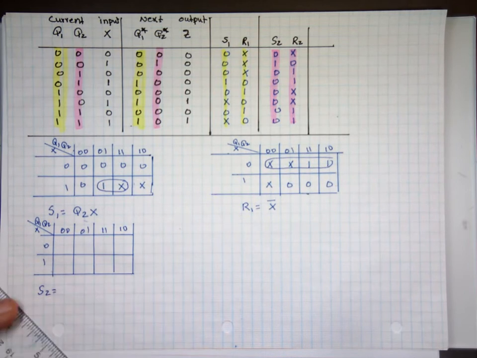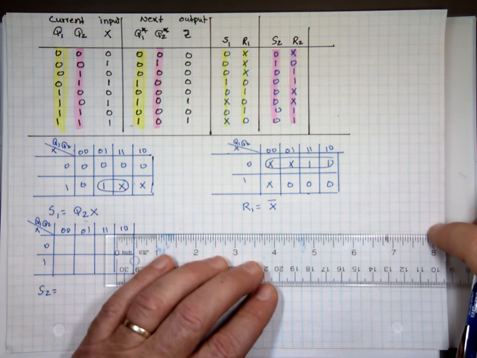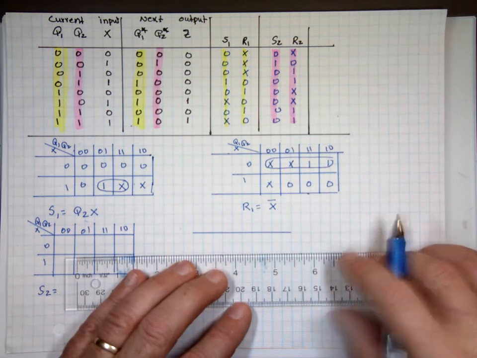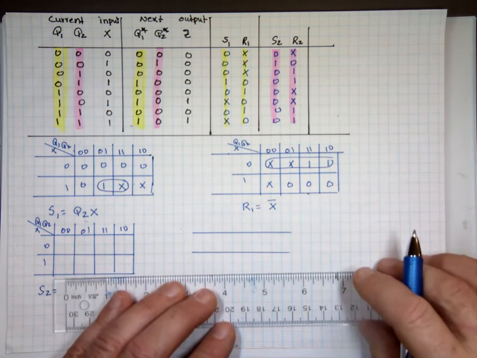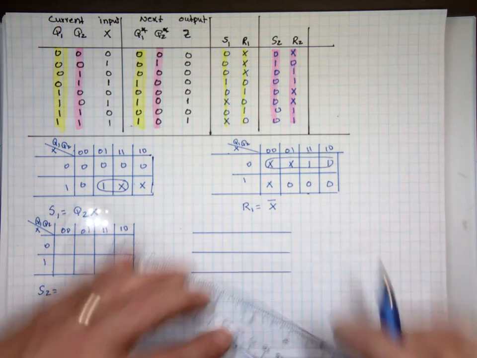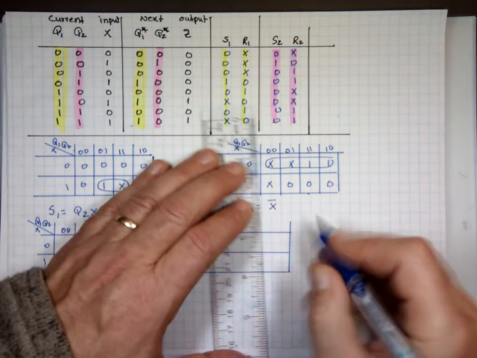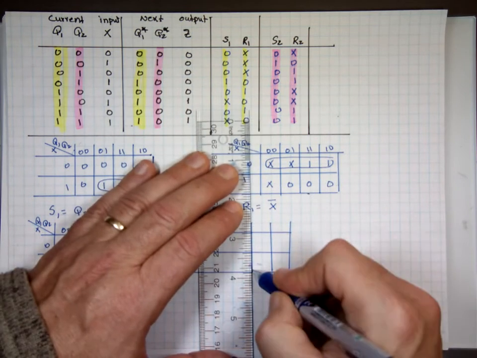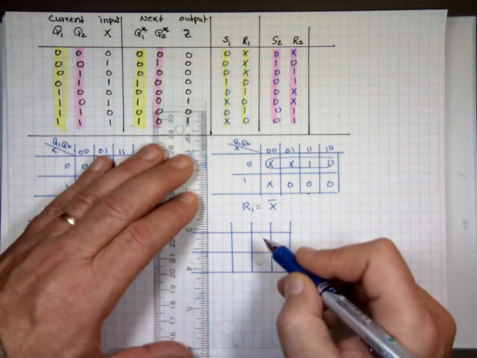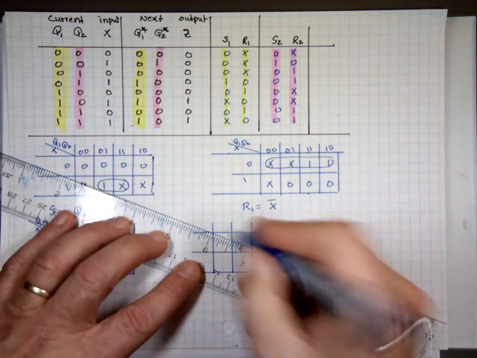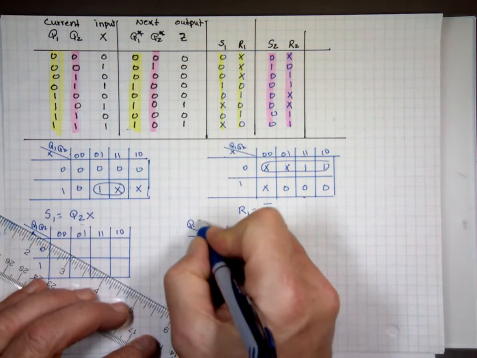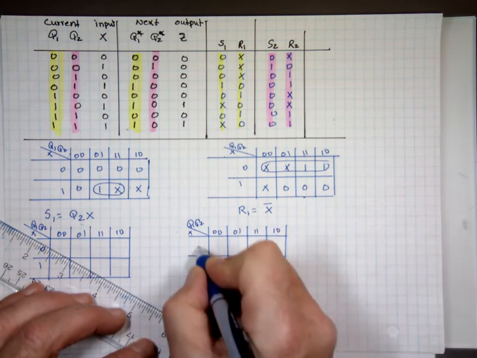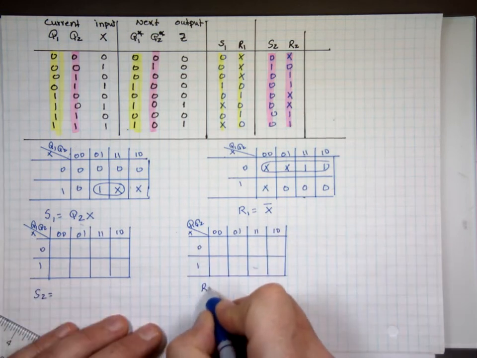We'll do another one, for R2. I crooked already. Q1, Q2, X. This is for R sub 2. And we need one for the output here.